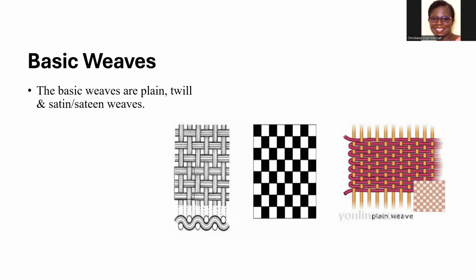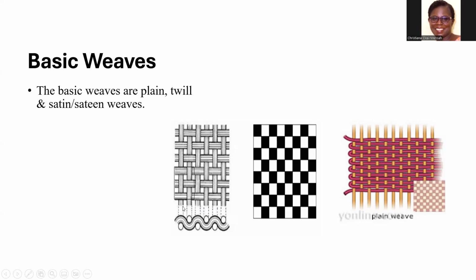Satin or sateen talks about the faces. When you produce the fabric, on one side you see more of the warp, the one going vertically. That side is called satin. Then on the other side, you see more of the weft, and that is sateen. It's the same, but one side is different from the other, and that differentiates the names. The plain weave has both the back and the front looking the same, and the twill too, but just the satin has the differences.